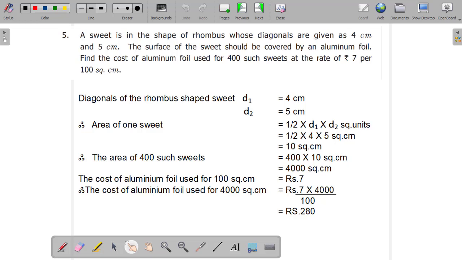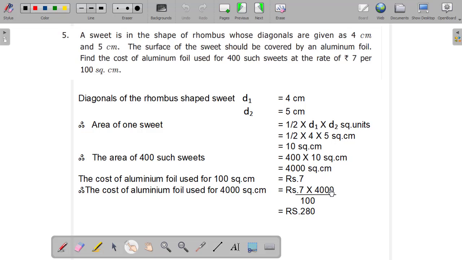Then, what is the cost given? The cost of aluminum foil used for 100 square meters. If the area of the sweet is 100 square meter, then the cost would be rupees 7. But here our actual area is 4000 square centimeter. Therefore, the cost of aluminum foil used for 4000 square centimeter is, if area is 100, then 7 is the cost. If the area is 4000, what's the cost?